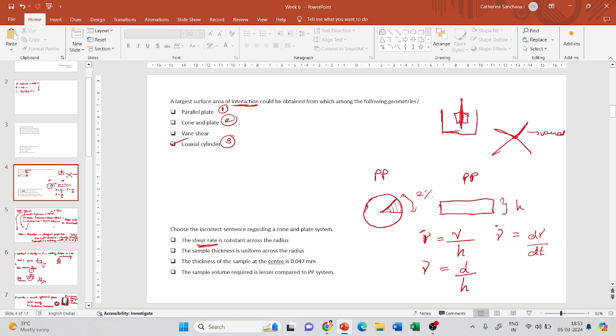Now what will happen at the outermost radius? The strain is 2%. So the deflection is, let us say, d, and the height is h. H is constant. This is at the outermost radius r.